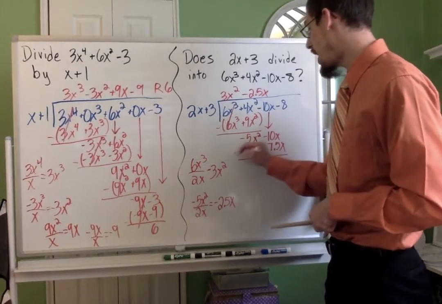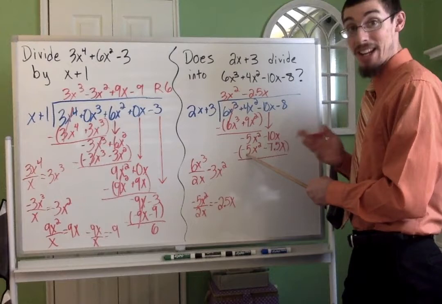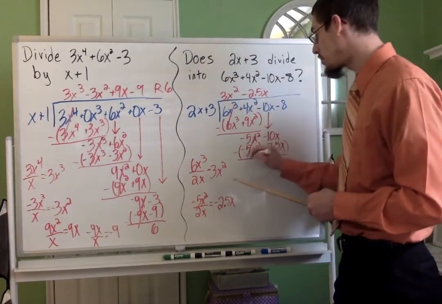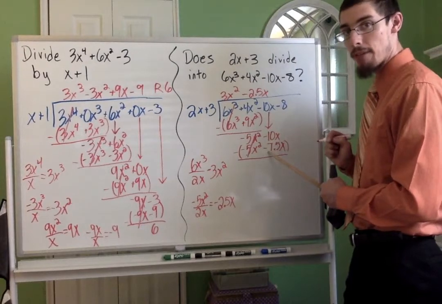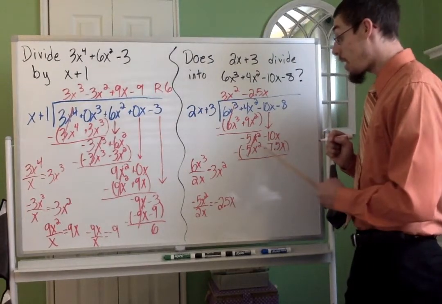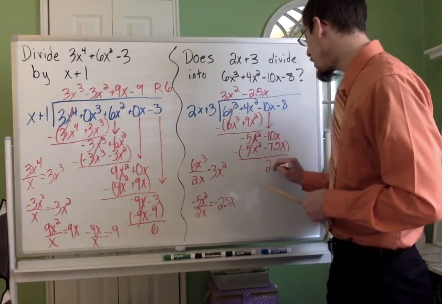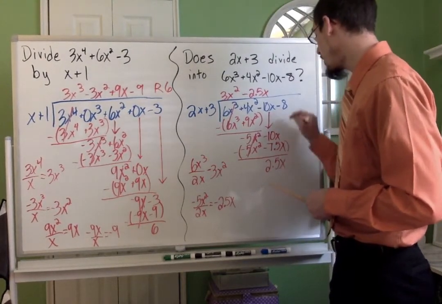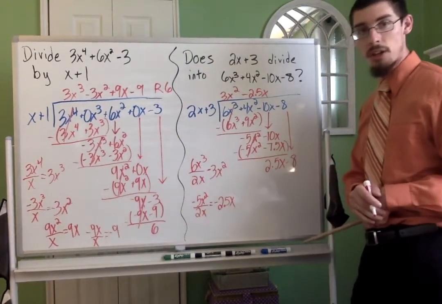I then subtract. Negative 5 minus negative 5 cancels. Negative 10 minus negative 7.5, or negative 10 plus 7.5 is going to give me negative 2.5x. Bring down that last term, 8.